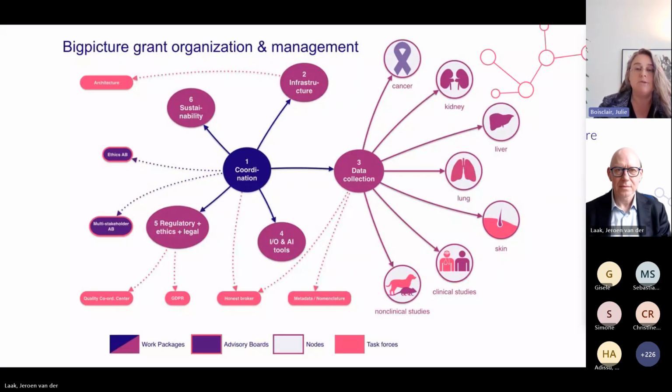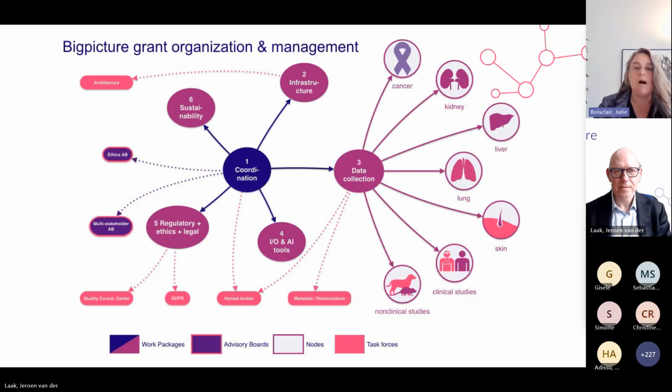So if you see this, it looks complex, but this is for a complex project. We need multidisciplinary teams, hence we cannot function in silos within these work packages. So you see a lot of interaction between these projects.